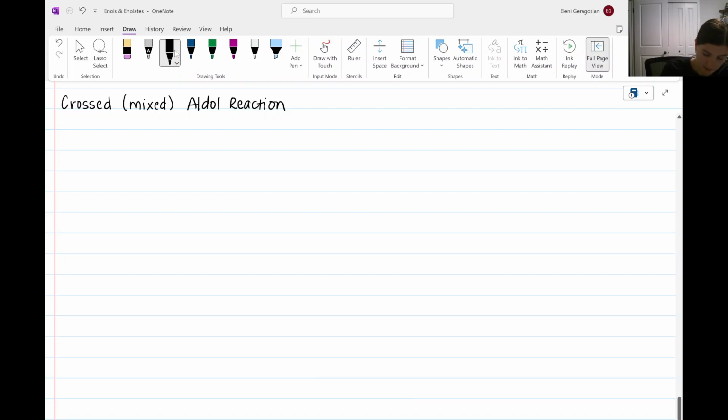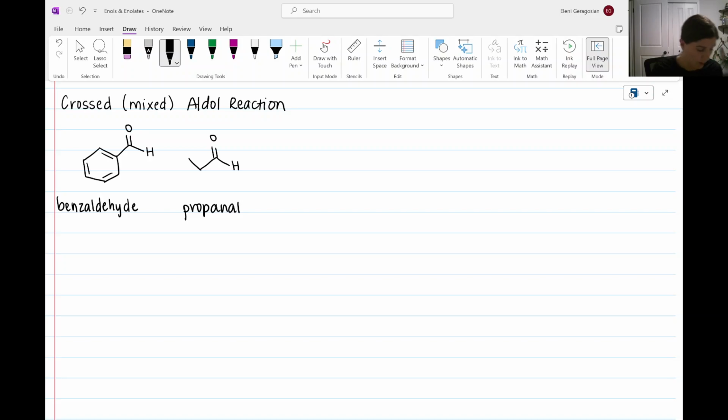If we have something like benzaldehyde and propanol. Here's benzaldehyde. And propanol. This can undergo an aldol reaction.